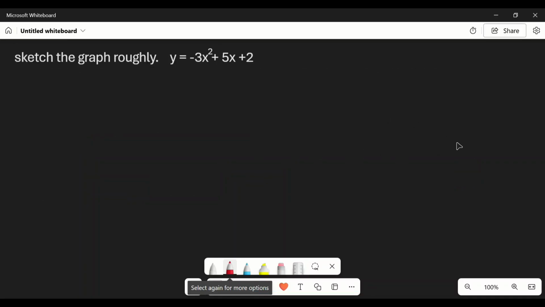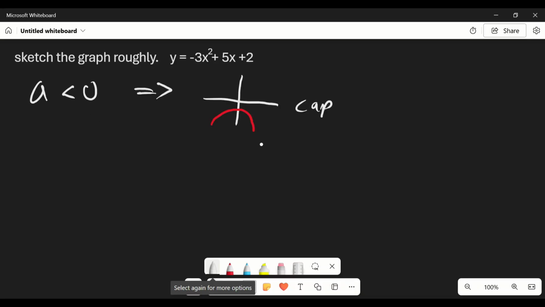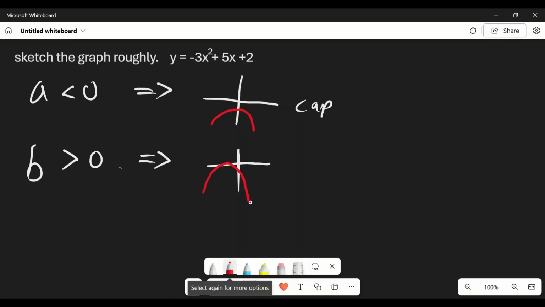Sketch the graph properly. So, first, we must determine whether it is cap or cup shaped. We know that if a is less than 0, then we get a graph that looks like this. We must determine whether it shifts left or right. If b is greater than 0, the graph shifts to the left.